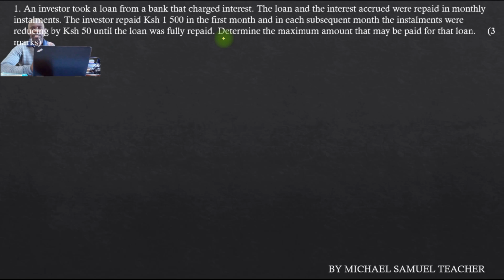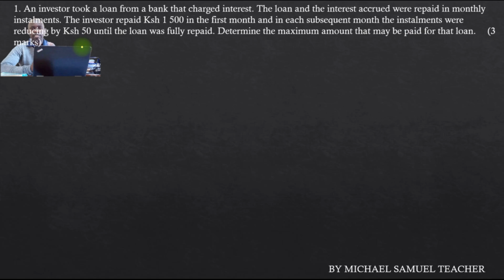The question is from commercial arithmetic, and you also need to know that there is an application of arithmetic progression in commercial arithmetic, since the investor repaid 1,500 in the first month, and in each subsequent month there was an installment reducing by 50 shillings.